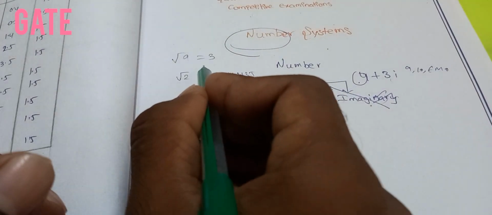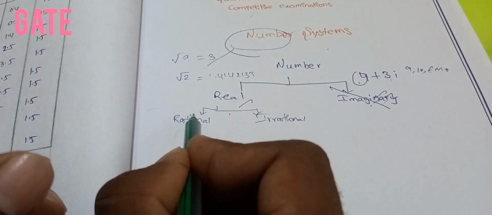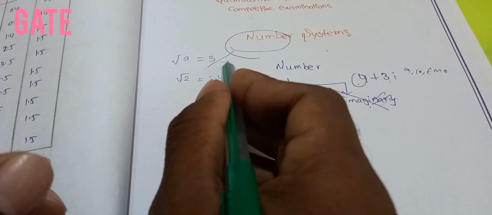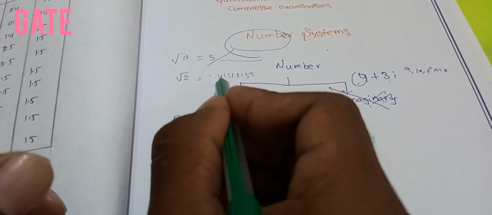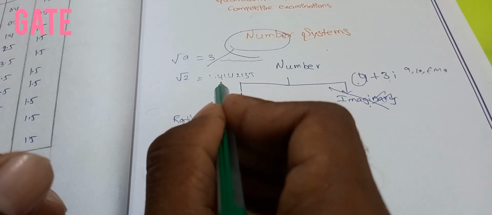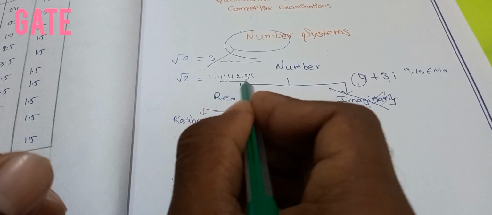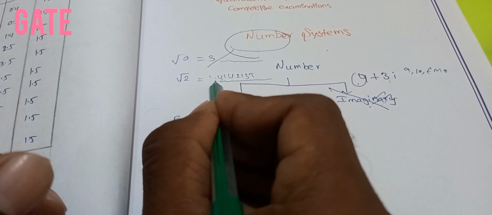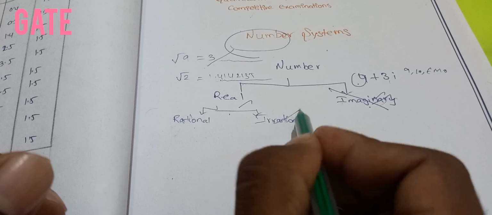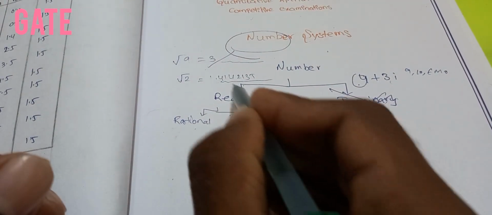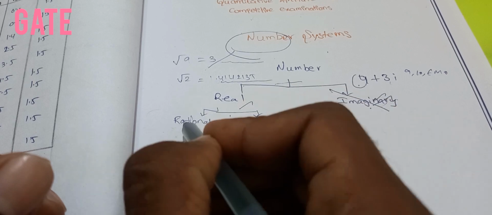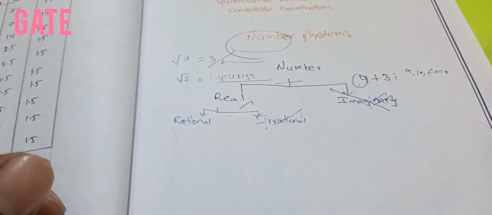So it is called an irrational number because it has no repetition. If a number continues after the point, that is known as an irrational number. Irrational numbers means they do not have an end, but rational numbers have an end.